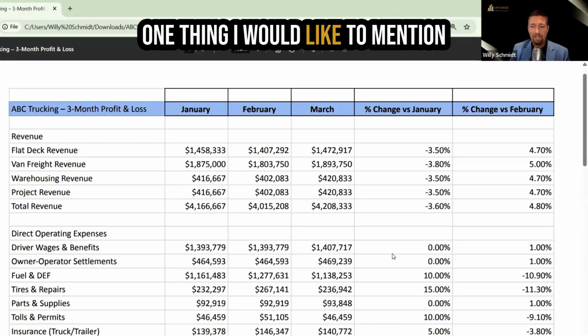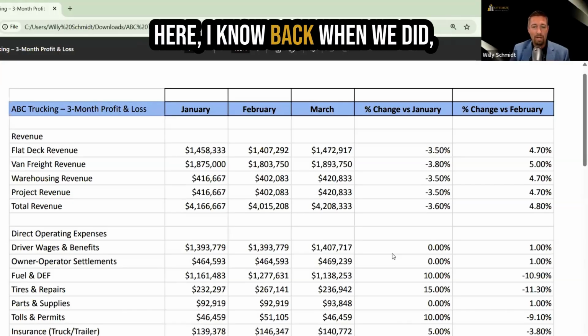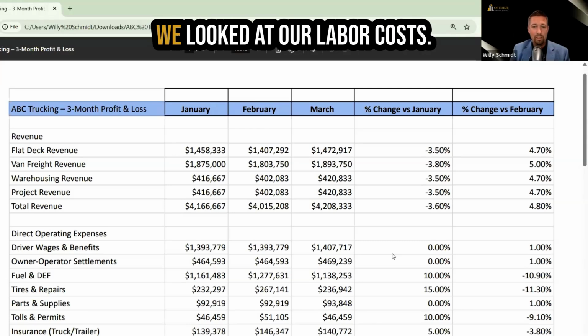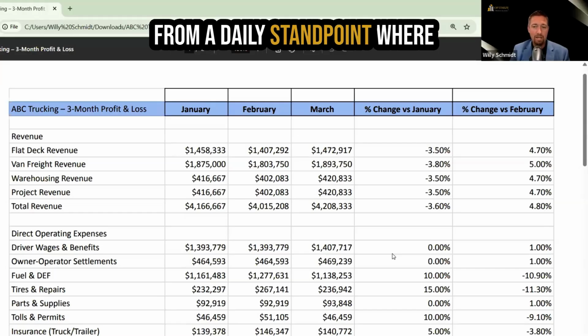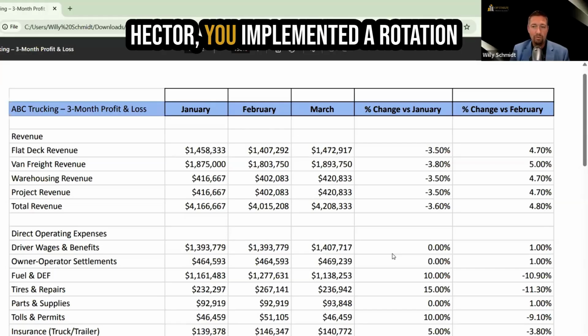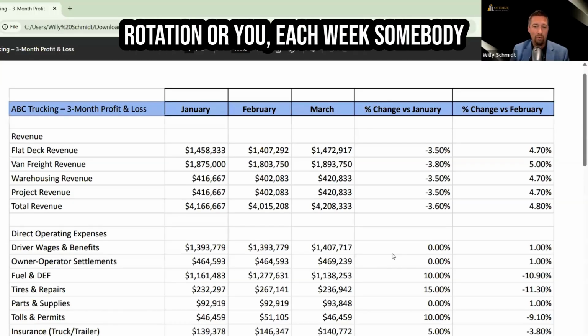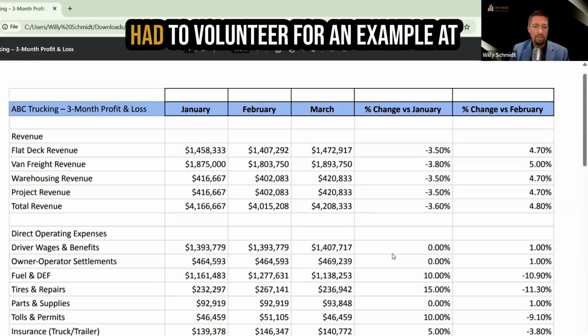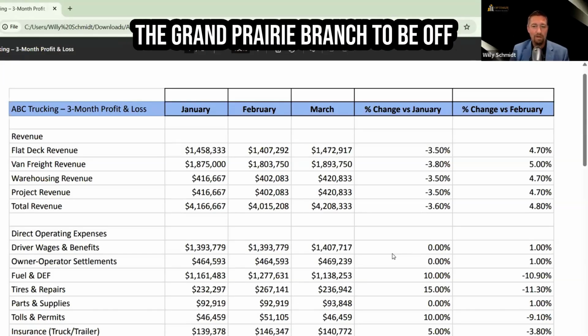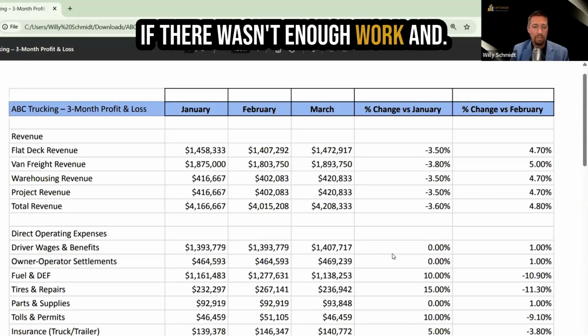One thing I would like to mention here, I know back when we looked at our labor costs from a daily standpoint, Hector, you implemented a rotation program where each week somebody had to volunteer, for example, at the Grand Prairie branch, to be off if there wasn't enough work.